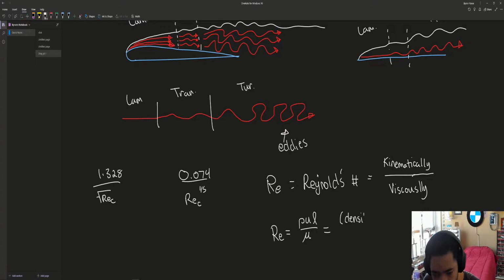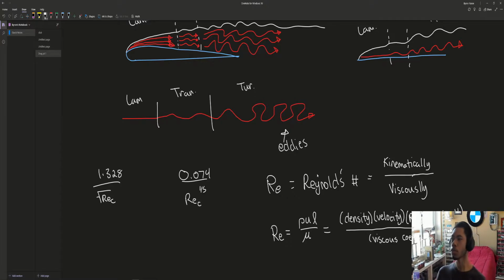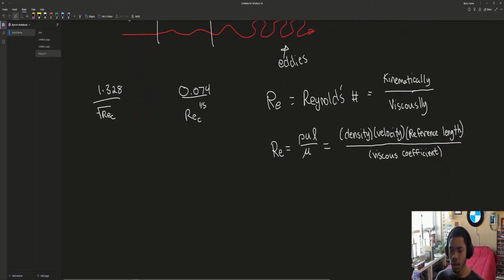Okay, we have our density, our velocity, a reference length, and then your viscous coefficient. Okay, so that's the Reynolds number.